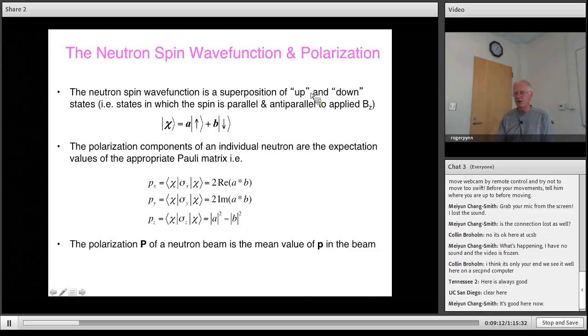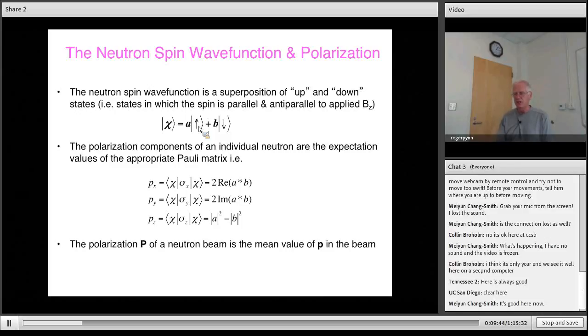In a sense, you can say that the vector (1, 0) is a state with the spin parallel to the quantization direction, and the state (0, 1) is antiparallel. Remember, the eigenvalues have opposite signs. I showed you that they were plus h-bar over 2 for the spin angular momentum for one state and minus h-bar over 2 for the other state.